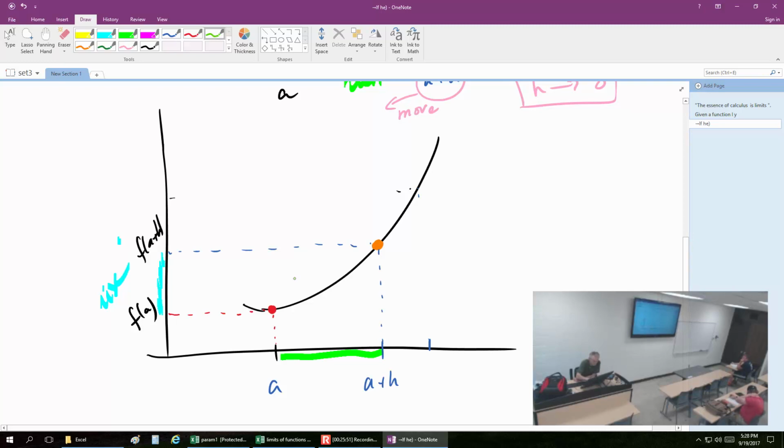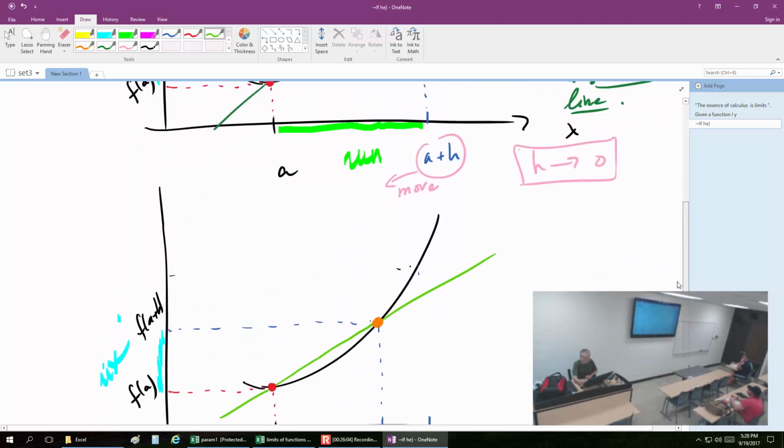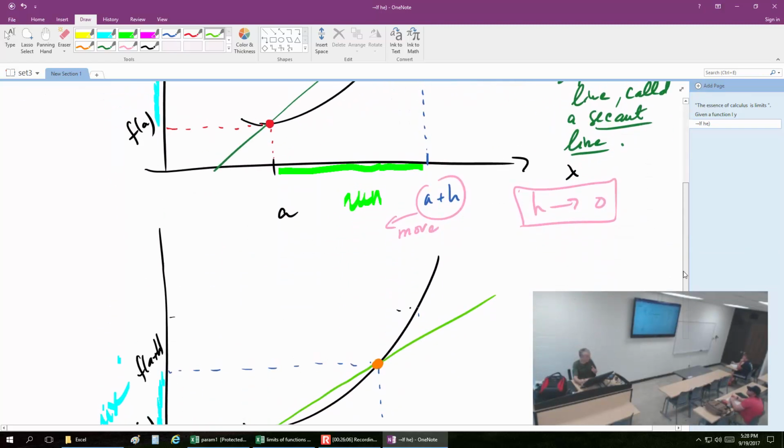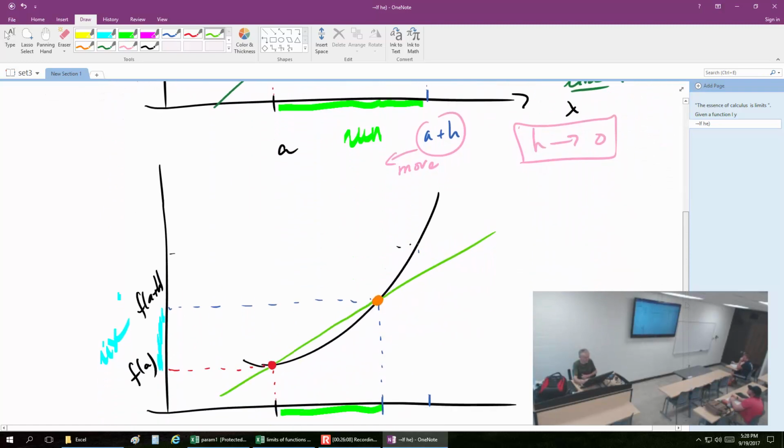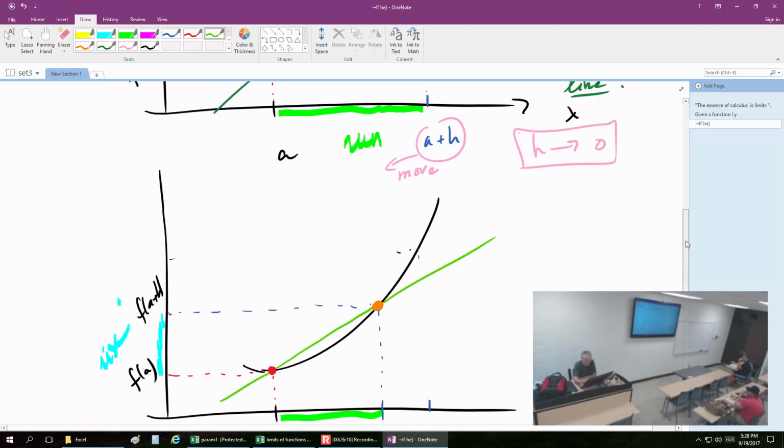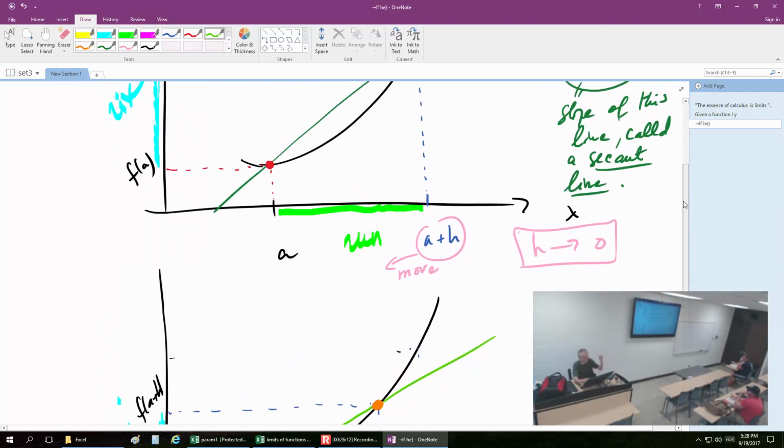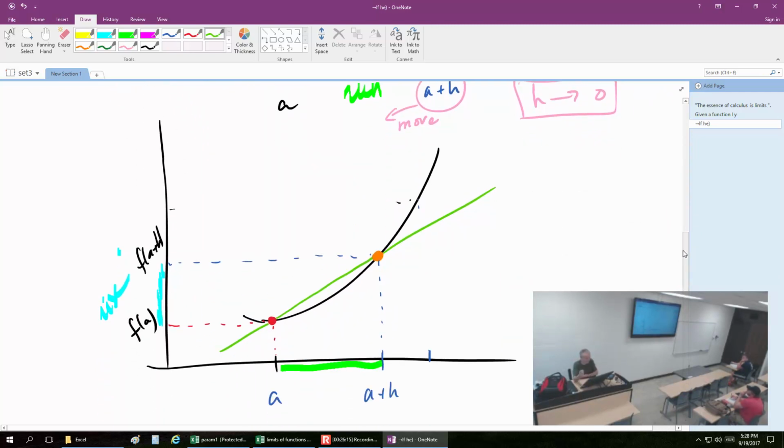Let me pick a different color. There is a change of the line. It passes through the same point, but you see what has happened? It rotated. It's still cutting through 2 points on the graph, but it has rotated clockwise. So it appears that the slope has decreased.